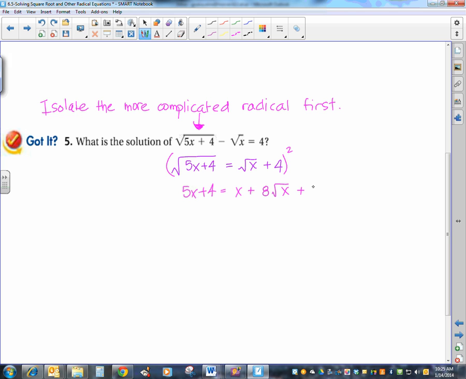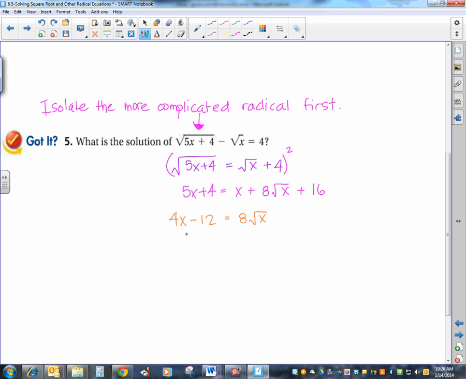And then I square the last term, which is 16. Okay, so if you notice, we still have a radical in there. So I'm going to isolate that radical. So I'm going to take the x over. 5x minus x is 4x. I'm going to take the 16 over. 4 minus 16 is negative 12.